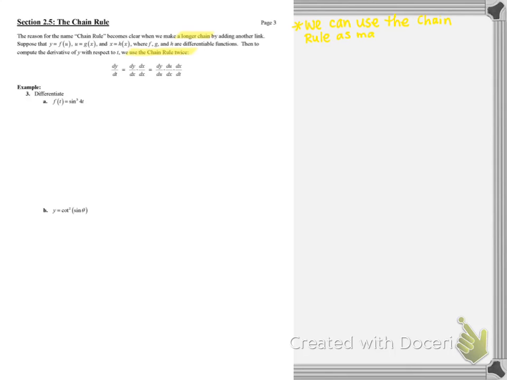So we can use the chain rule as many times as needed.